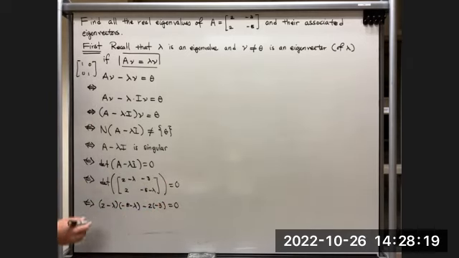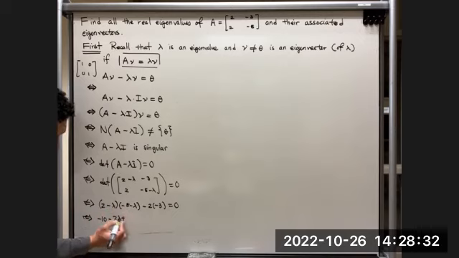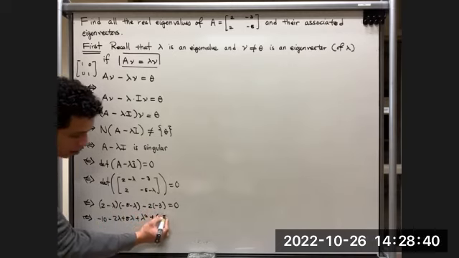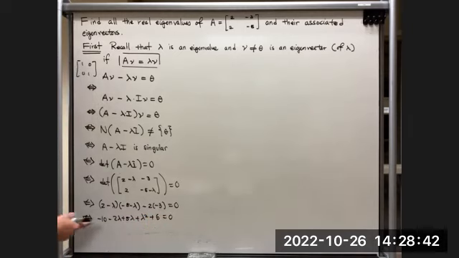So I'll continue with this, and multiplying here, I get -10 minus 2 lambda plus 5 lambda plus lambda squared plus 6 is equal to 0.